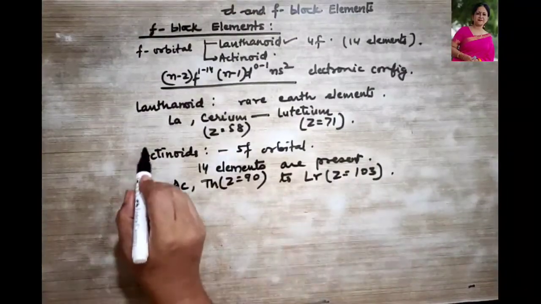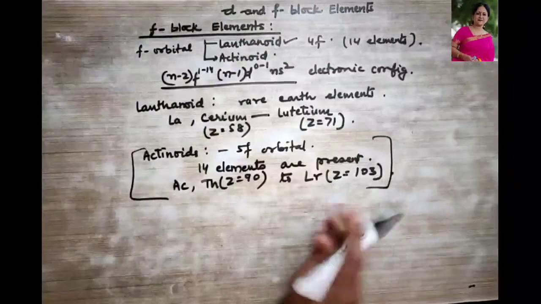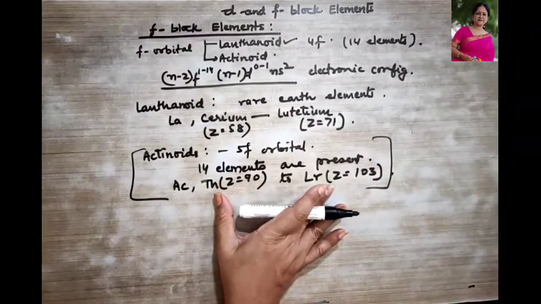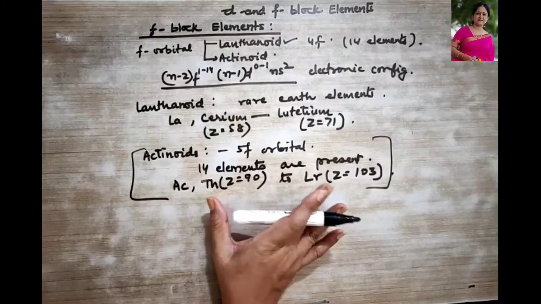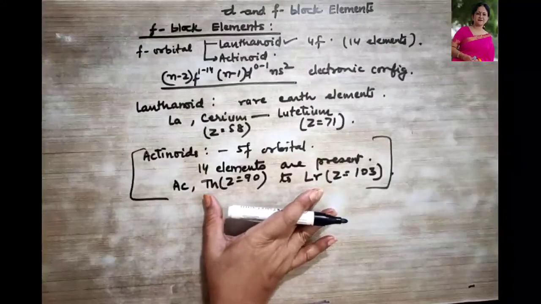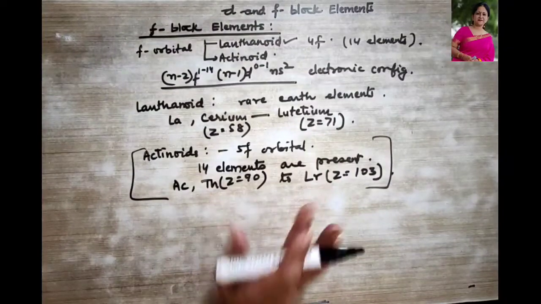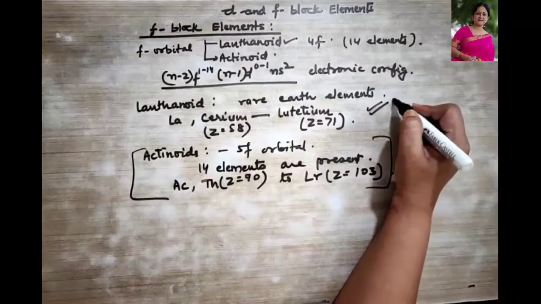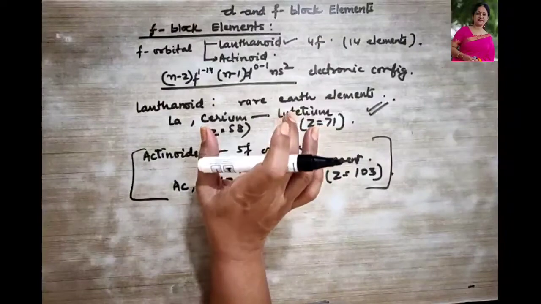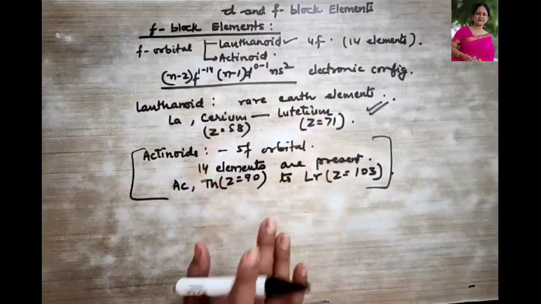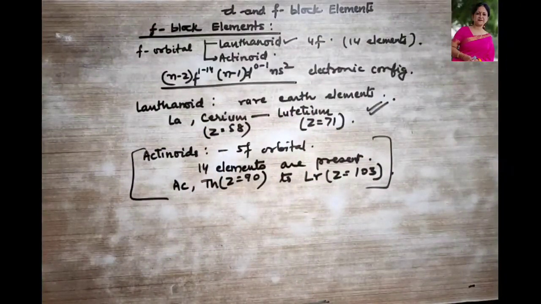Now this much is enough for actinoids. Actinoids in your 2021 syllabus has been removed. Only the introduction to actinoid is there. Now what we have to study is more about the properties of lanthanoid, that we are going to start now.